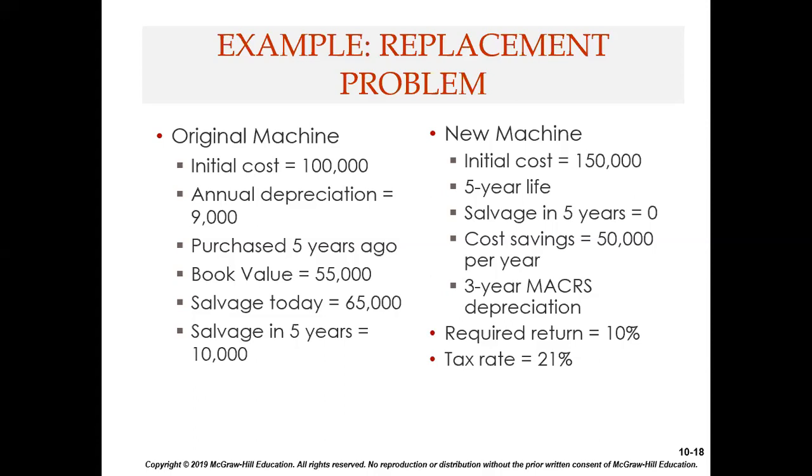If we buy a new machine, it will have a 5-year life for MACRS purposes. It will have no salvage value in 5 years. It will save us $50,000 a year more than the original machine does. We're going to depreciate this over a 3-year MACRS depreciation.